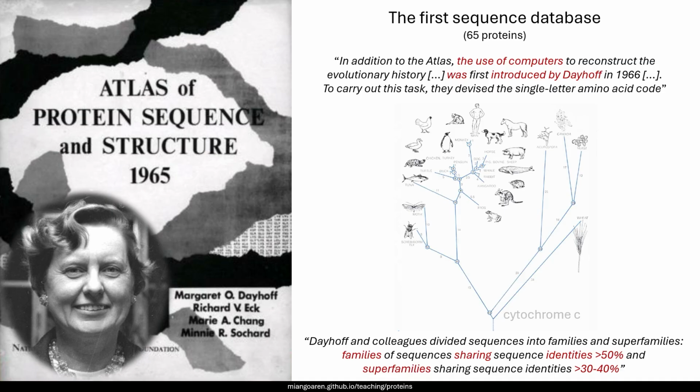And even the work of Margaret Dayhoff, which is really reflected in our first database with just 65 proteins at that time, allowed the identification of what are known as protein families and protein superfamilies, based on how much their sequences resemble each other at the residue level.